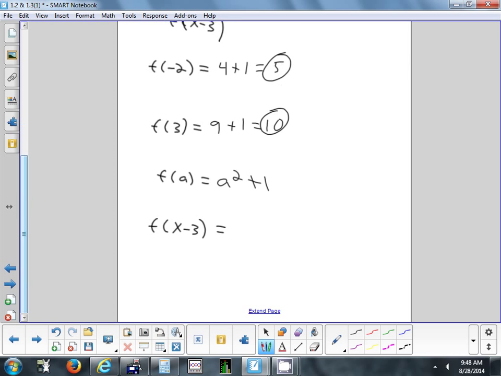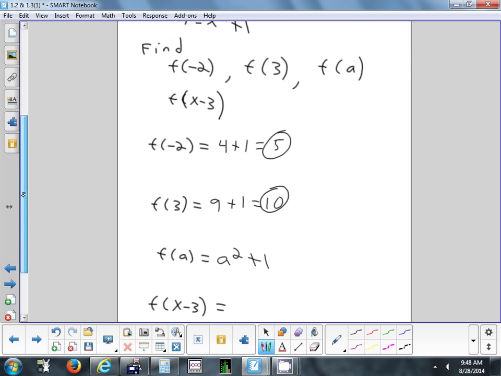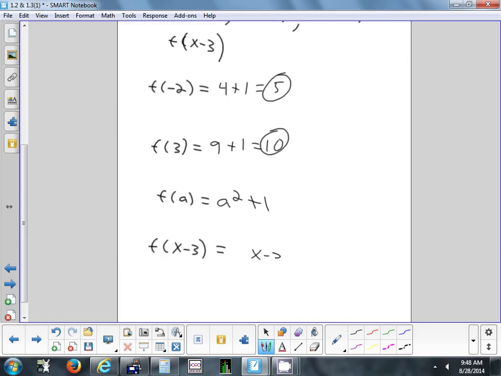You do the same thing with x minus 3. It'd be x minus 3 squared plus 1. What rule do we use to multiply that out? I'm sure you remember that from Algebra 1. Yeah, some people call it FOIL or the double distributive property.